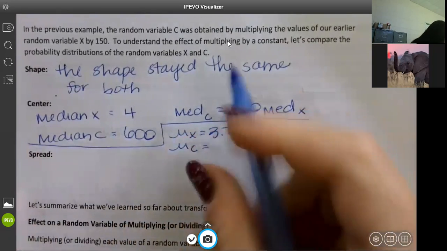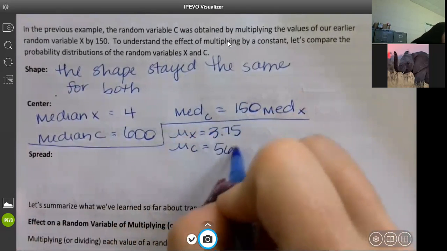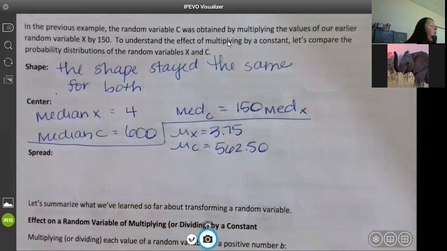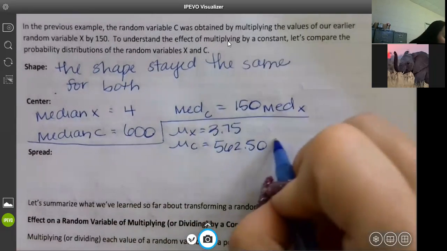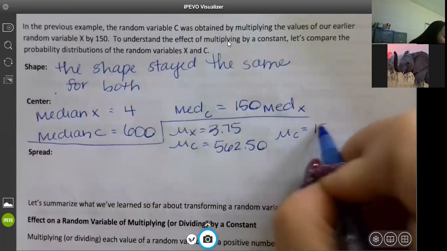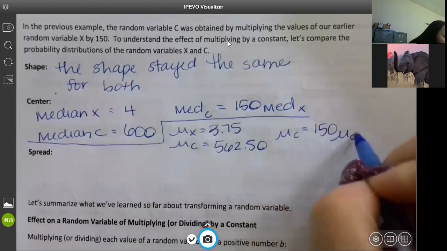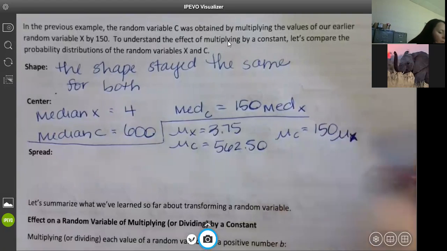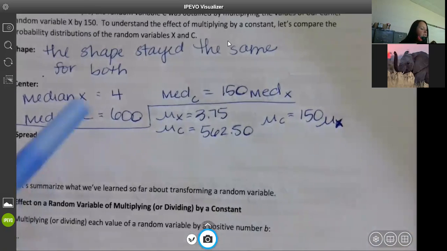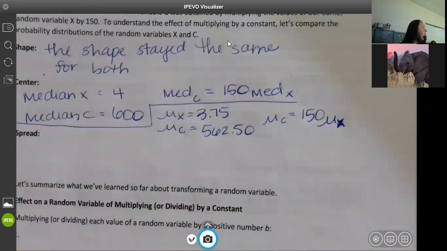The mean of C was 56250. And if you put those in your calculators, the mean of C is the same thing as 150 times the mean of X. You can see this one better because you already did it one time. 4 times 150 gave you 600.